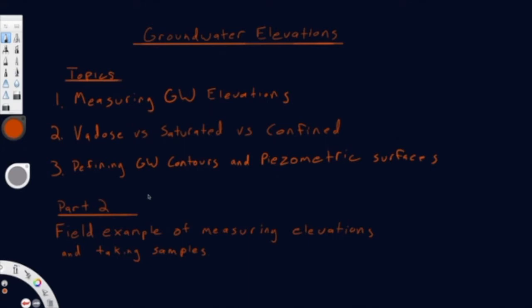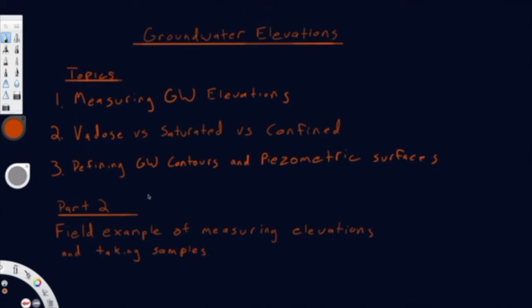So we're going to be talking about three main topics today. We're going to be talking about how to measure groundwater elevations in a more theoretical sense. We're not actually going to be doing this physically today. That'll be a follow-up video.